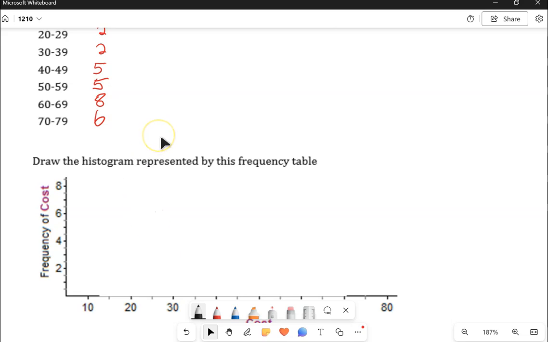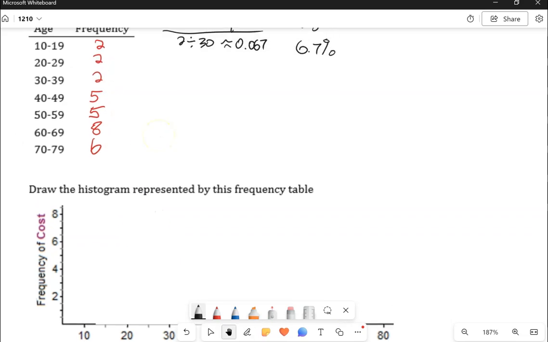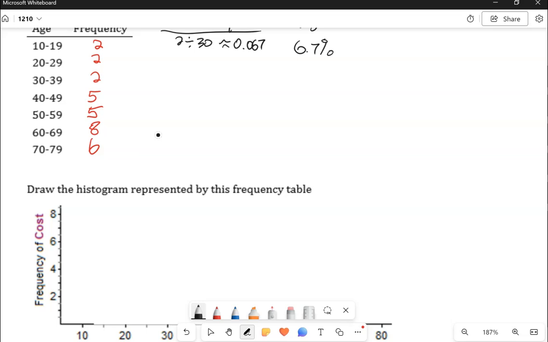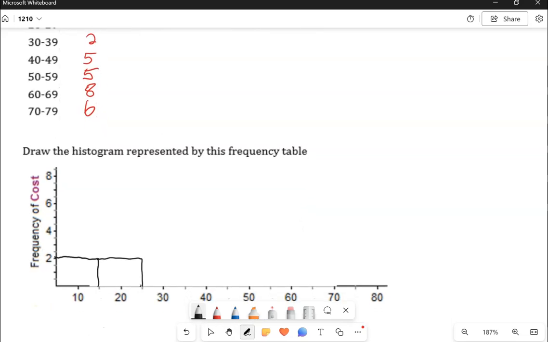So, number 10 through 19, frequency 2. So the bar over 10 is height 2. 20 through 29, same thing, height 2. 30 through 39, height 2. 40 through 49, height 5.